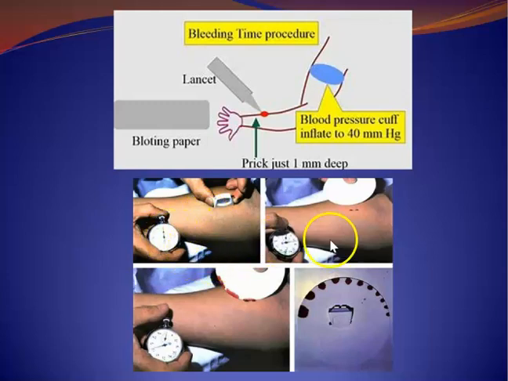Every 30 seconds, you take your filter paper and blot the blood spot. You can see this was the first 30 seconds, second 30 seconds, third 30 seconds, until the patient finally quit bleeding, and that's the point where they stop the timer. However many seconds that was, that is that patient's bleeding time result.